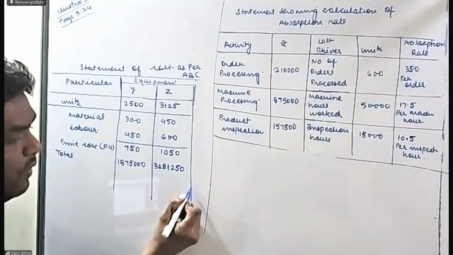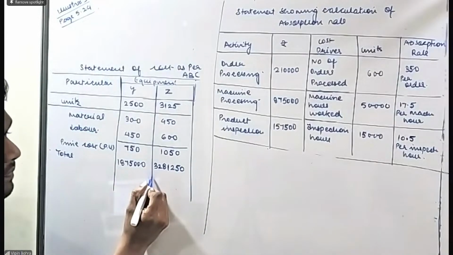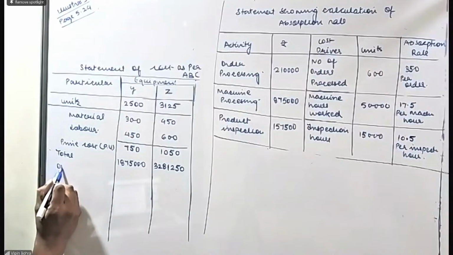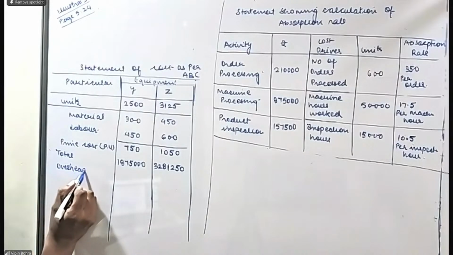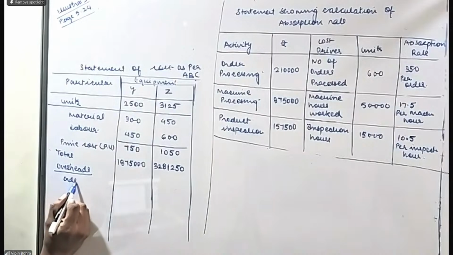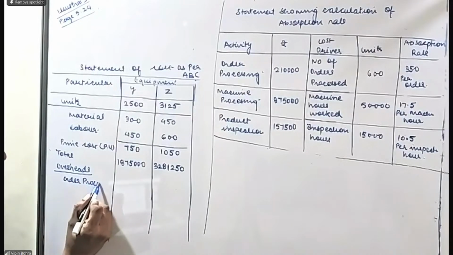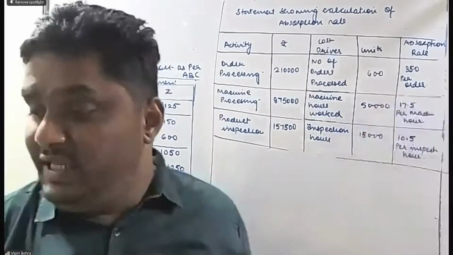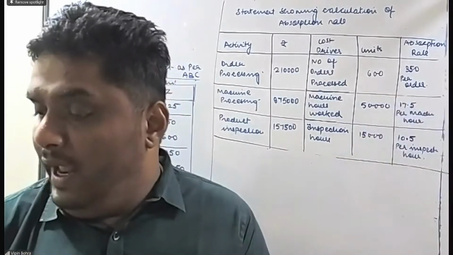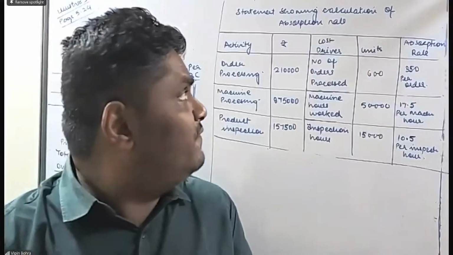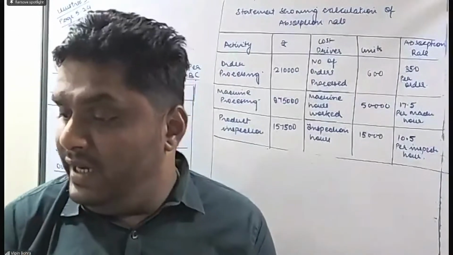Now let's start with the overheads part. The first one is order processing. It is 350 per order, and orders processed for X, it is 350.